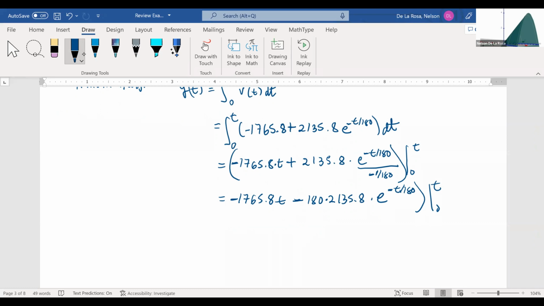So it is time now to replace the limits of integration. The first limit of integration, we're going to obtain negative 1765.8 t minus, we can multiply 180 by the constant in the front, so that is 384,444 times the exponential, minus the evaluation at 0.